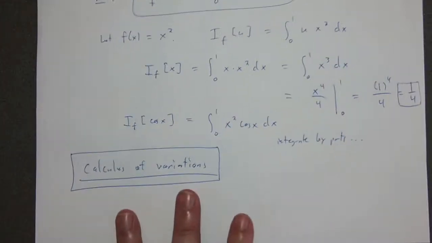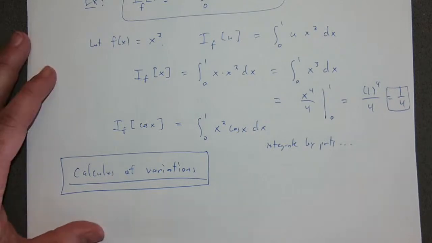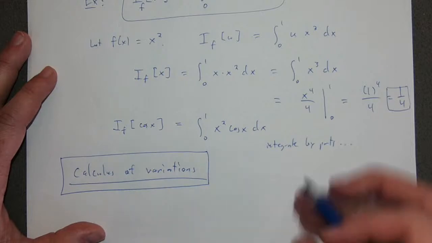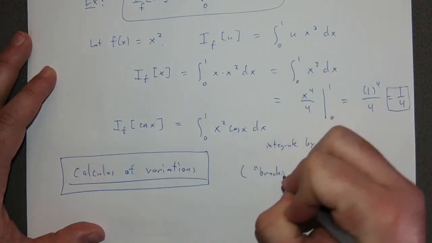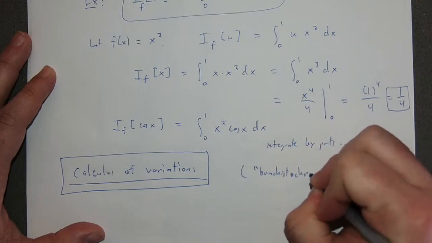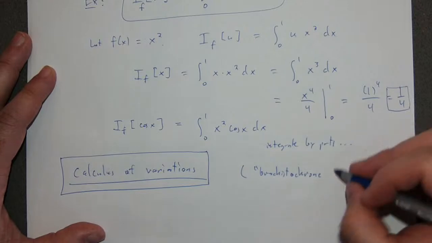The calculus of variations, I've mentioned this before, when we talked about the brachistochrone problem. To suitably solve the brachistochrone problem, you have to do some calculus of variations computations. The very first problem in this area was the brachistochrone problem, proposed by Bernoulli, solved by Bernoulli, Newton, and others.